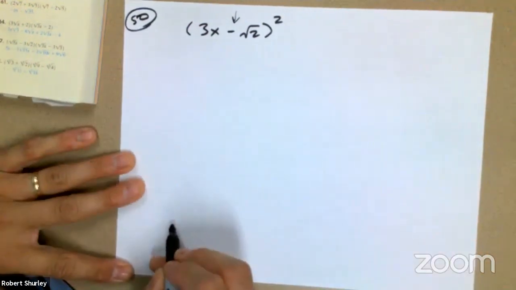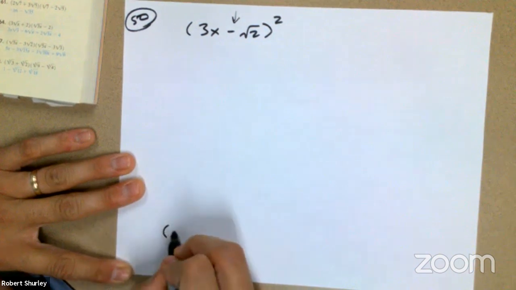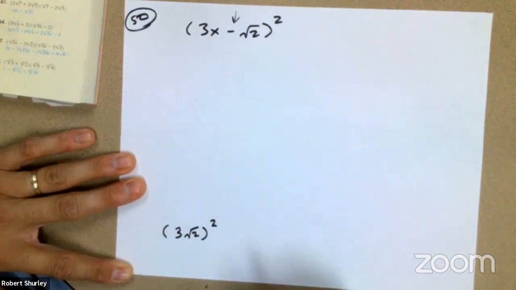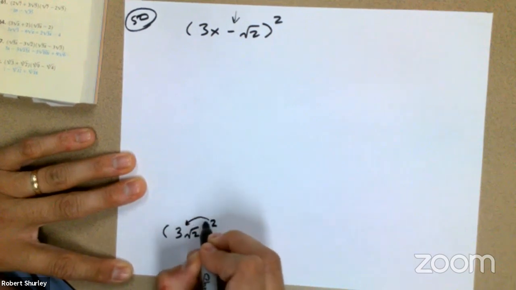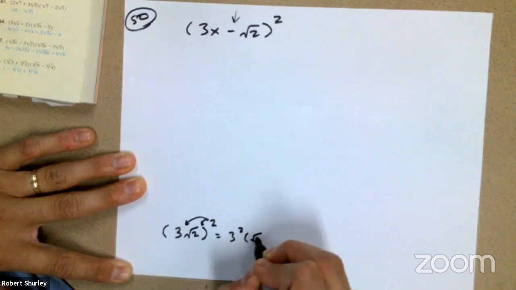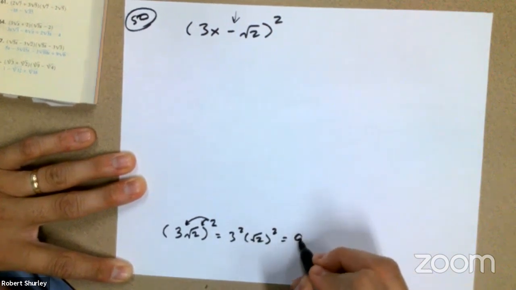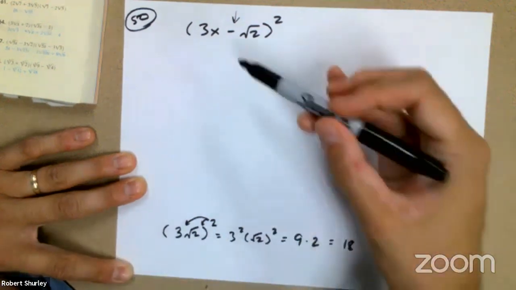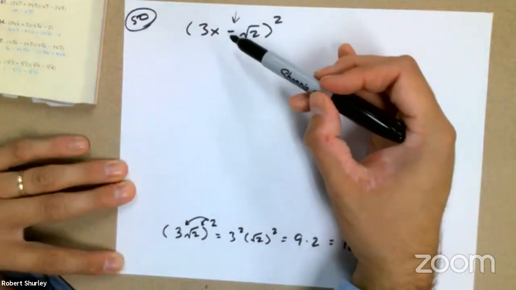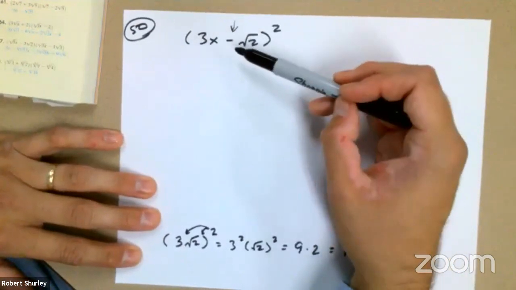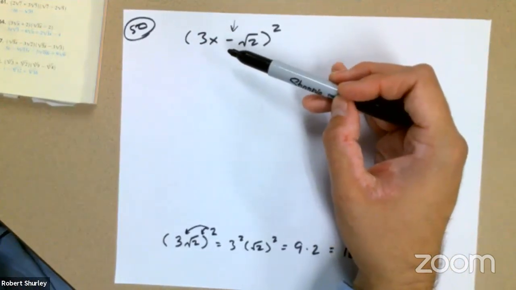Now look, so I'm going to do an example where we could do this. If this was like 3 squared to 2 squared, we could do the exponential terms. We could distribute it in. This would be 3 squared times the square root of 2 squared. And it'd wind up being like 9 times 2, so 18. Okay. But up here, we've got a minus sign. So we can't distribute exponents through with more than one term.